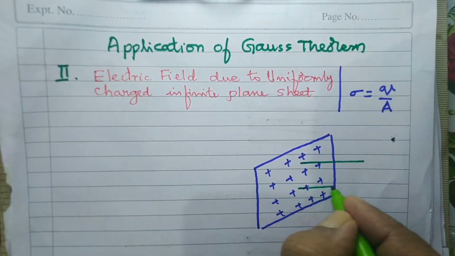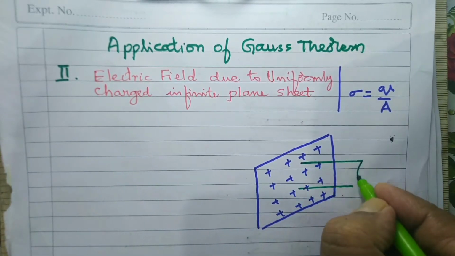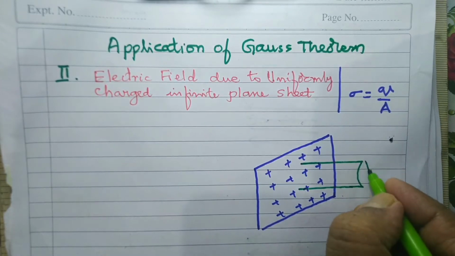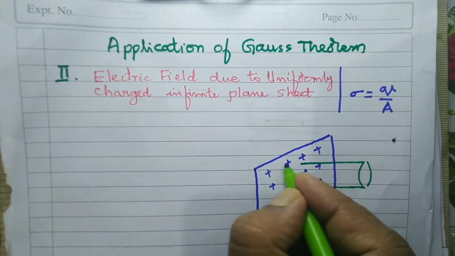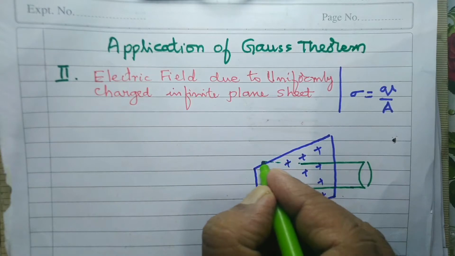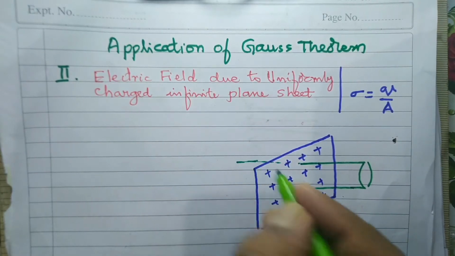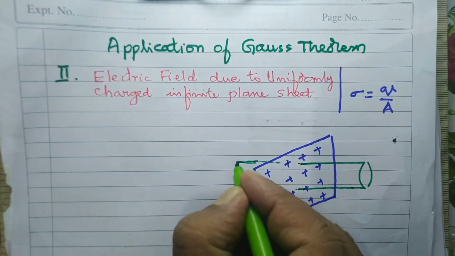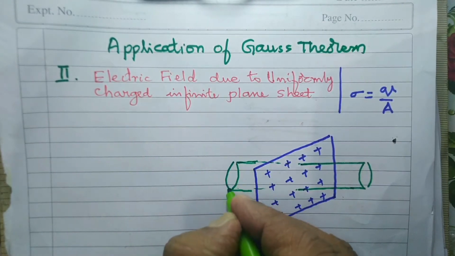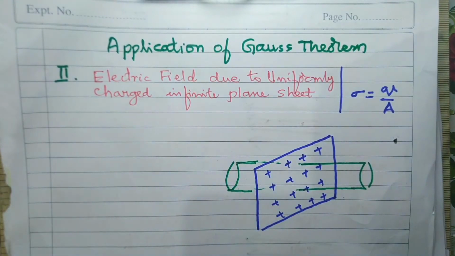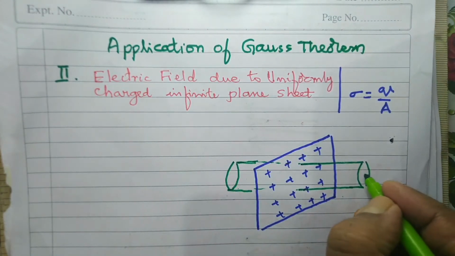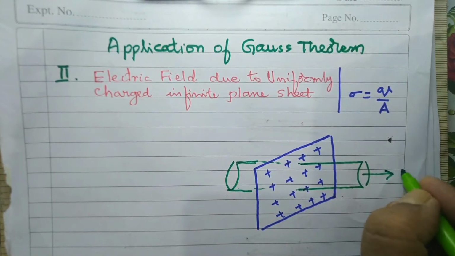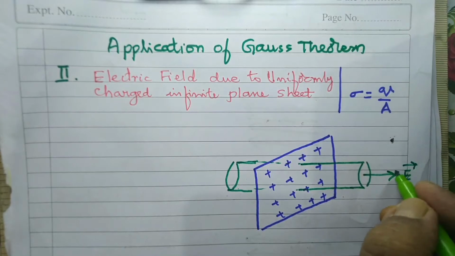Just observe carefully. A cylindrical form here, and backside it is taken like this. Now the electric field goes in this manner because of the plate.